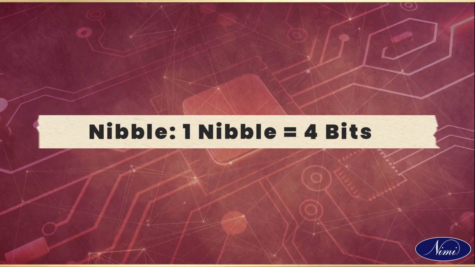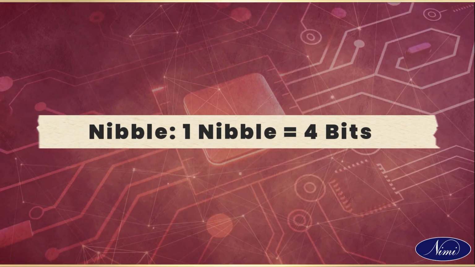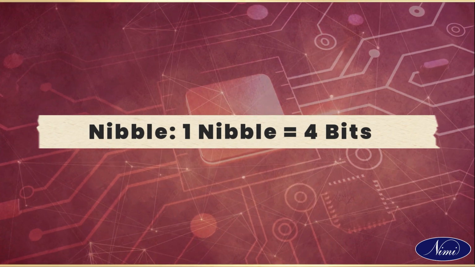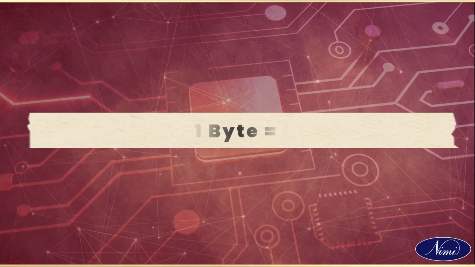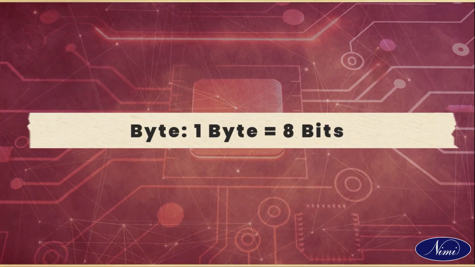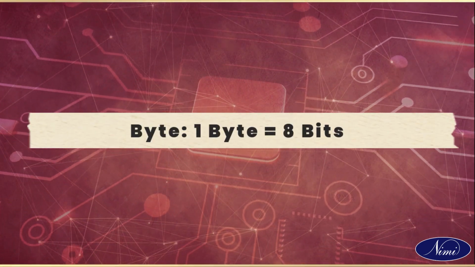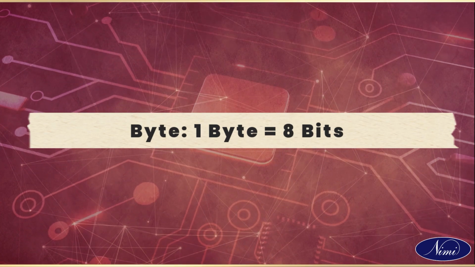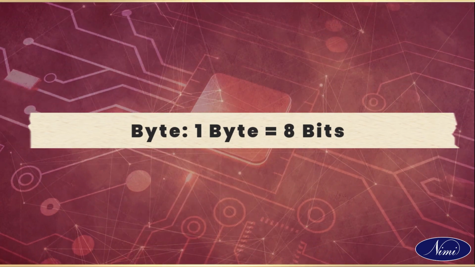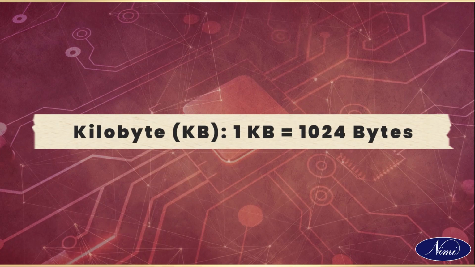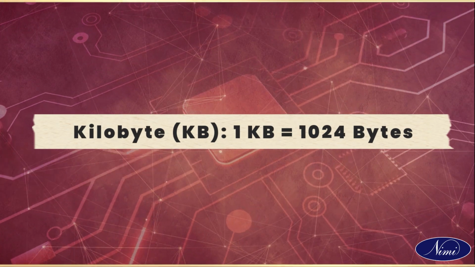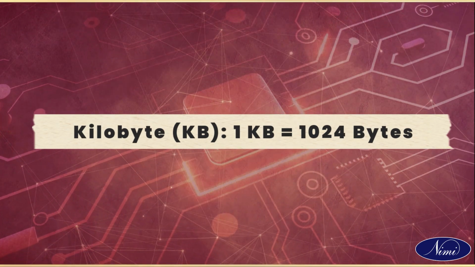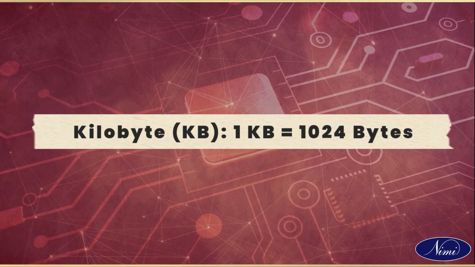Nibble. 1 nibble is equal to 4 bits. Byte. 1 byte is equal to 8 bits. Kilobyte, KB. 1 KB is equal to 1024 bytes.